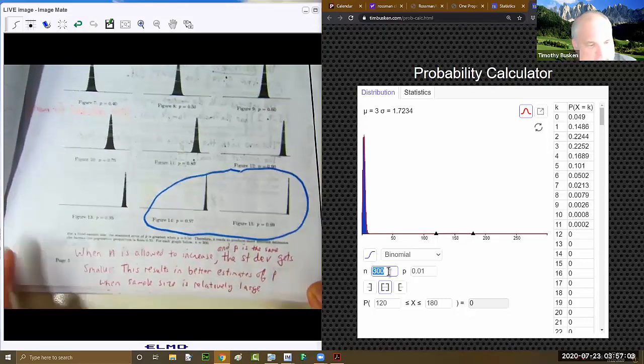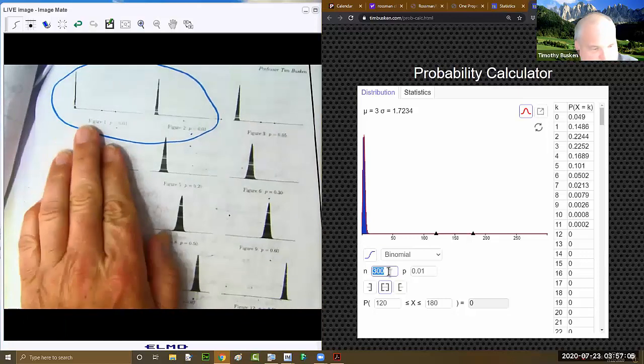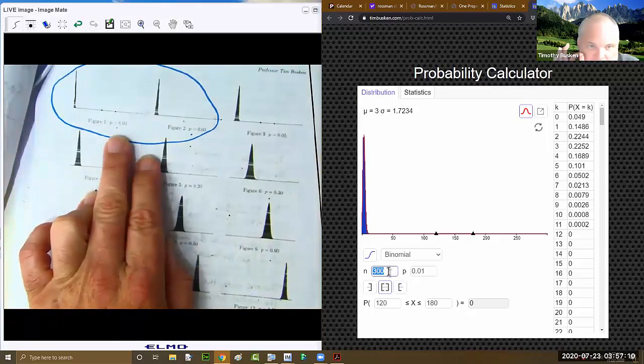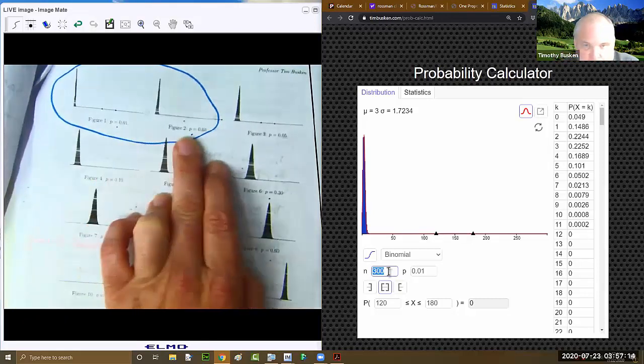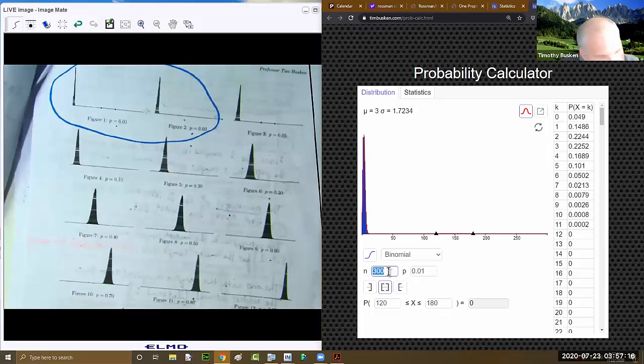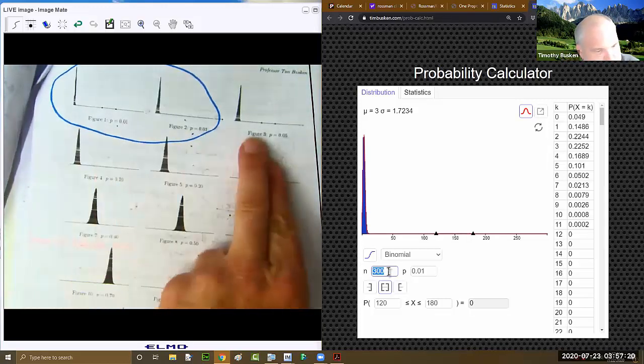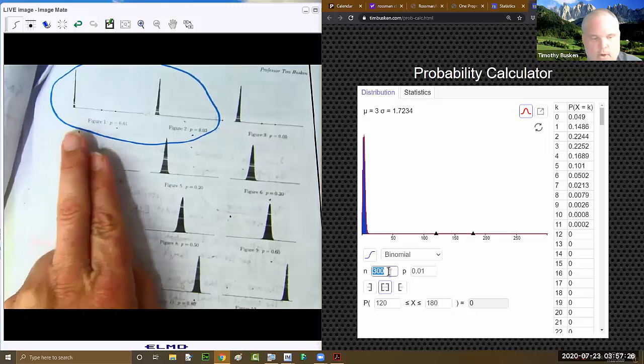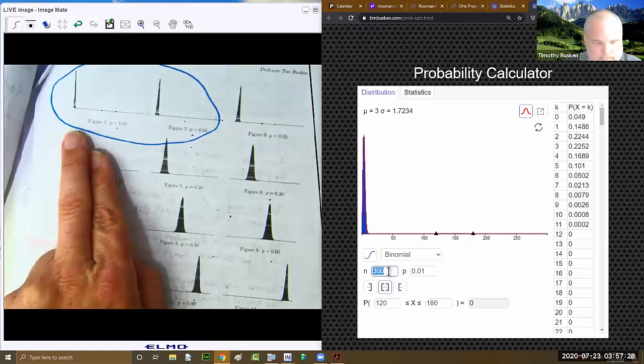So actually there are two points. The first point is that if you keep n, the sample size, the same and examine the sequence of sampling distribution graphs, you can see that the standard deviation is smaller for those graphs that are closer to 1 or 0.